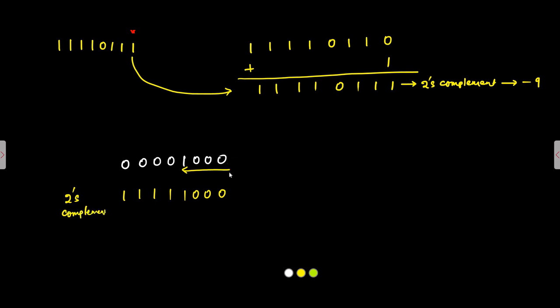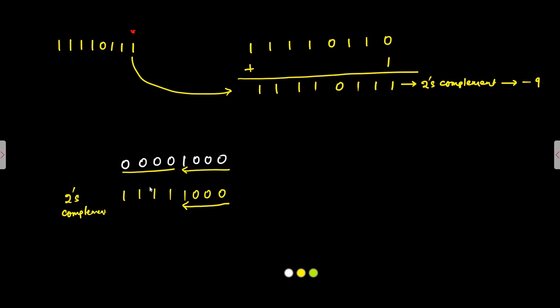Starting from the LSB side, we kept the bits the same until we arrived at the first 1 bit. We copied it as it is, up to this position. After this, the remaining bits, we inverted them. We took the 1s complement of the remaining bits. If there had been a 1 present here, it would have become 0.